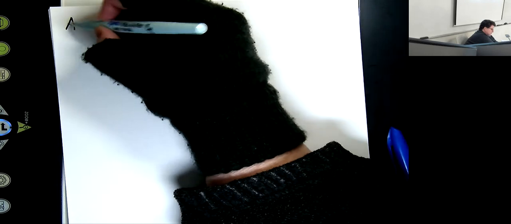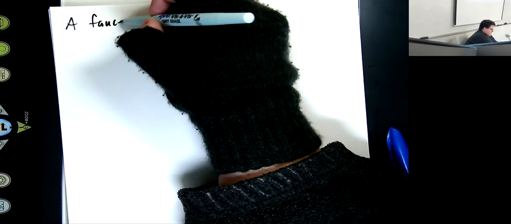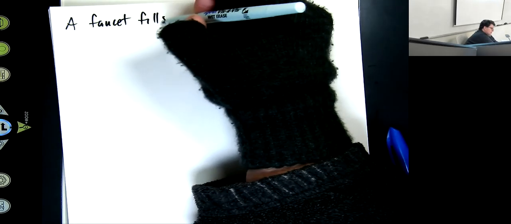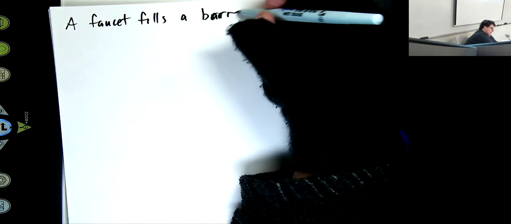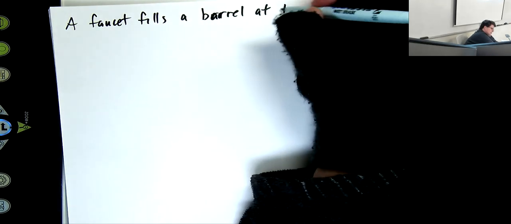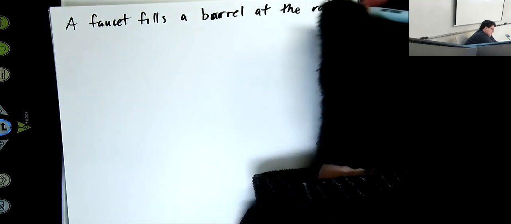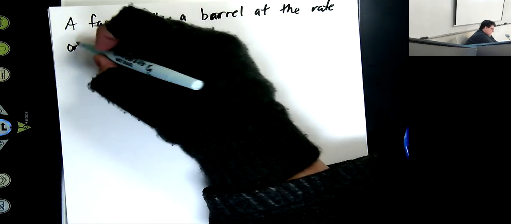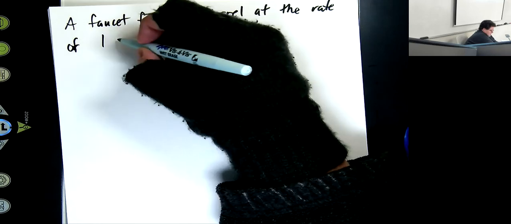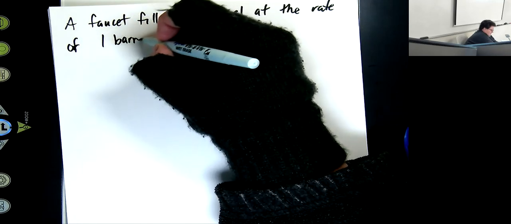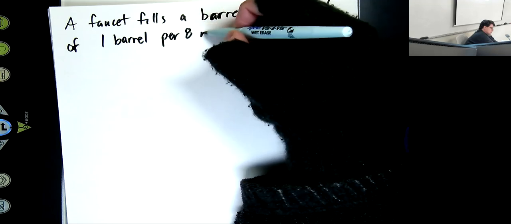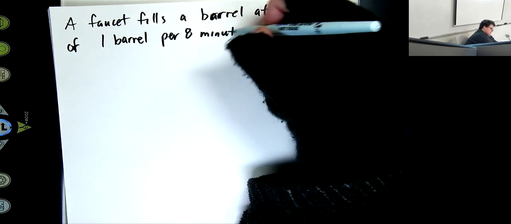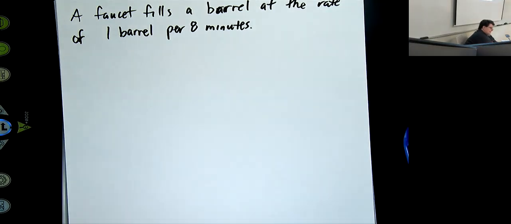So we've got a faucet filling a barrel at the rate of 1 barrel per 8 minutes. The barrel has a leak.